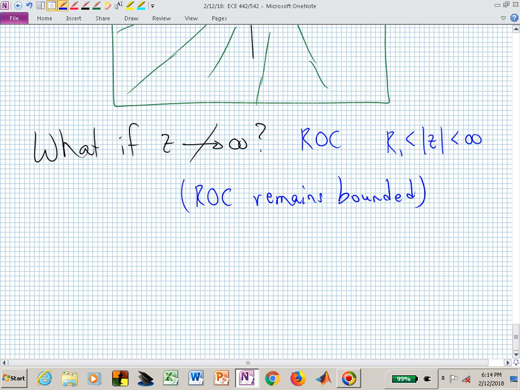Well, what was the original pattern 1? What did it correspond to? What sequence in the time domain? When was the sequence present? What values of little n? Non-negative, right?